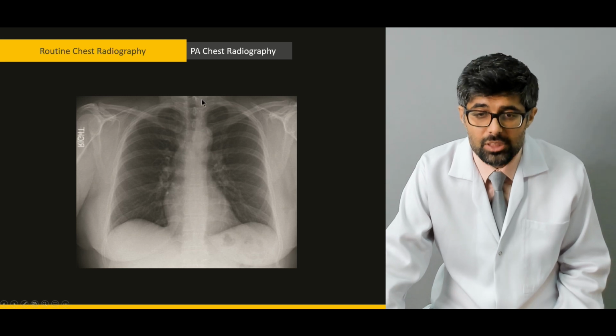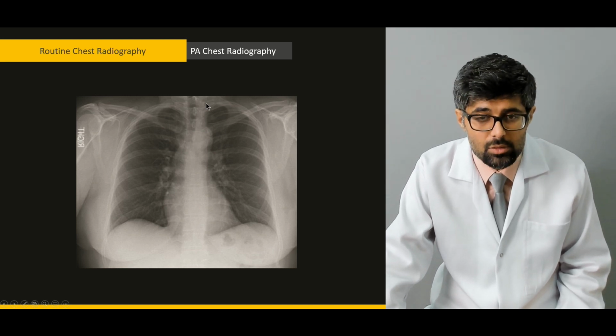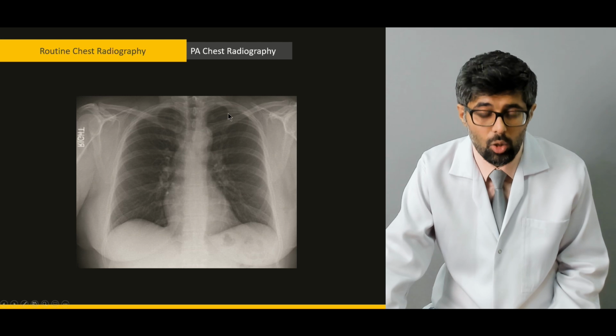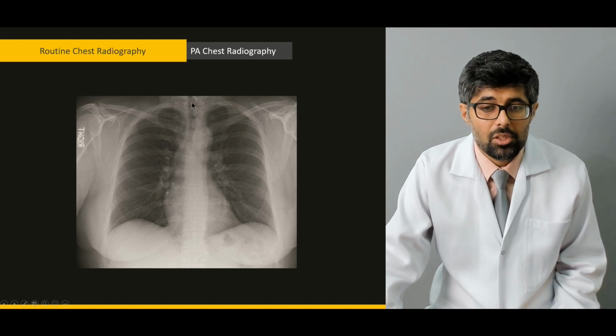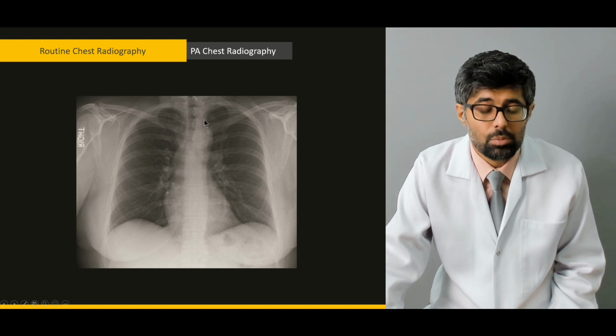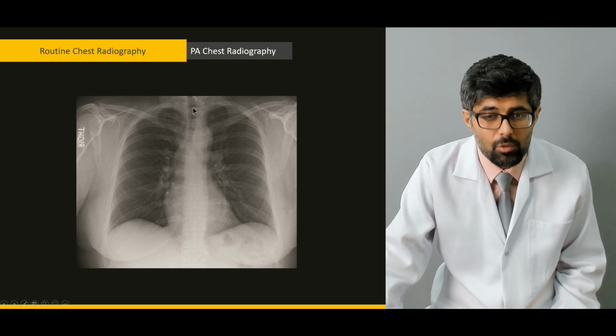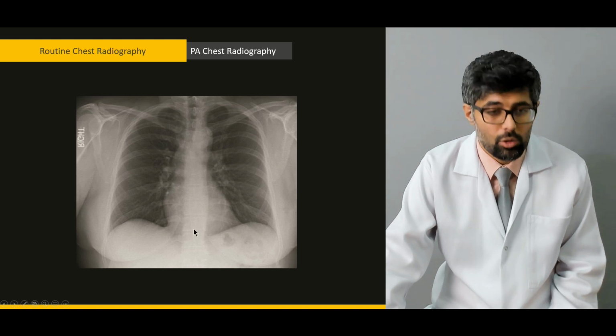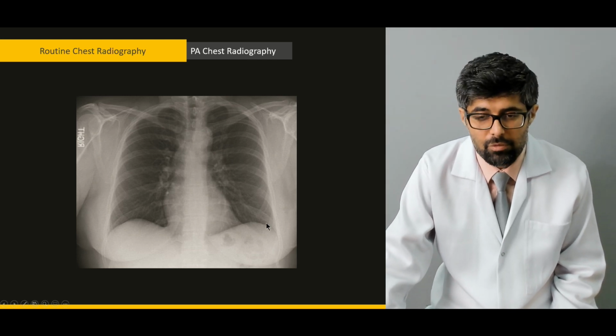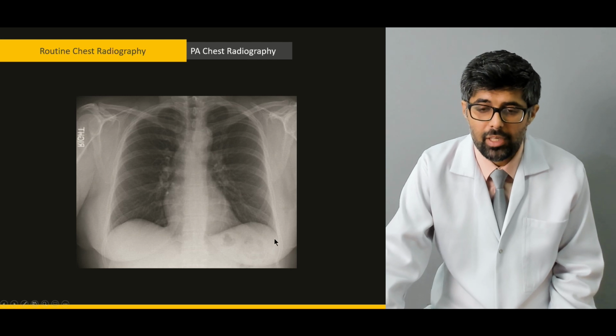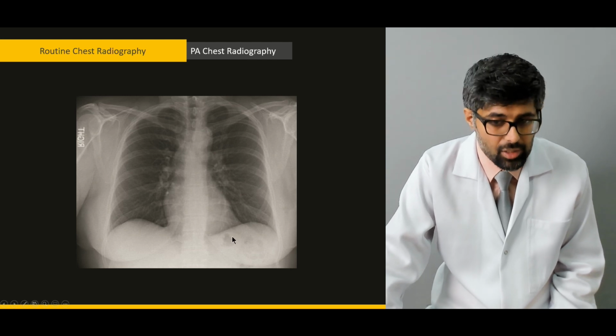Here, you can see both the apices of the lung are visible along with the clavicle. The mediastinum is visible along with the heart, diaphragm, vertebral column, esophagus. We have the costophrenic angle, and it is very clear.